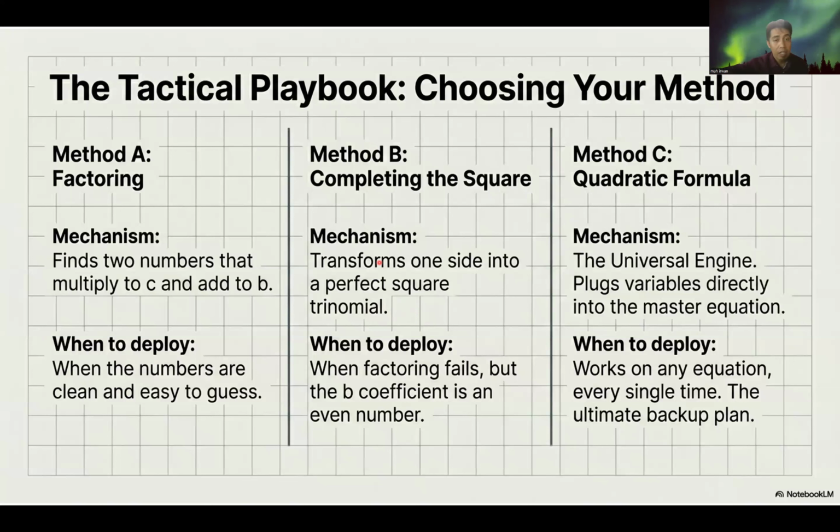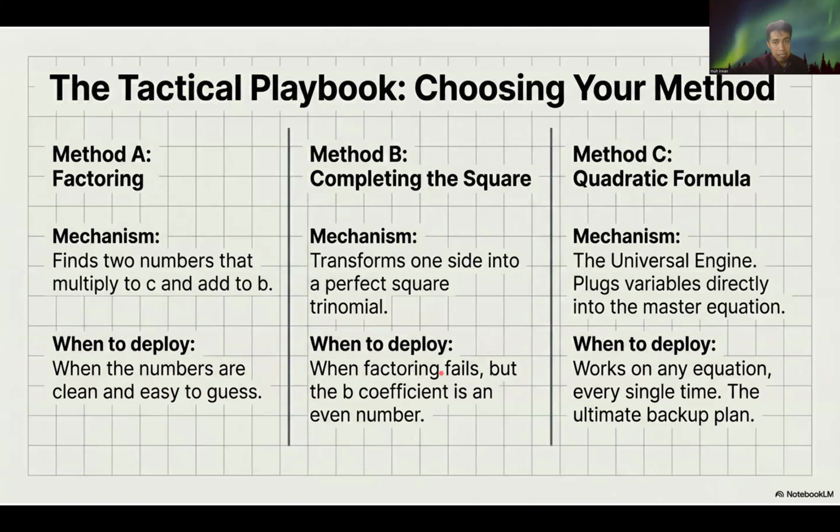When to deploy: when factoring fails. If we can't use the factoring method, we use completing the square, especially when the b coefficient is an even number. This is the second method.